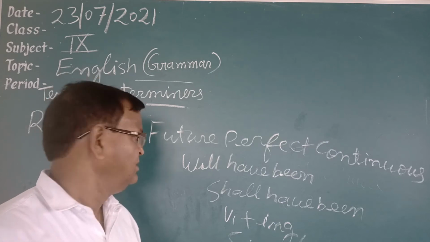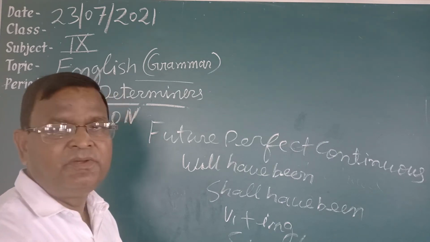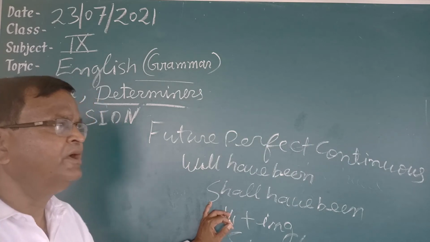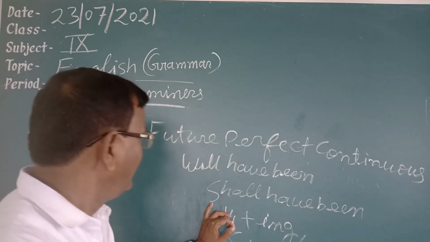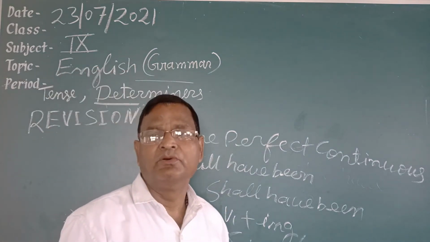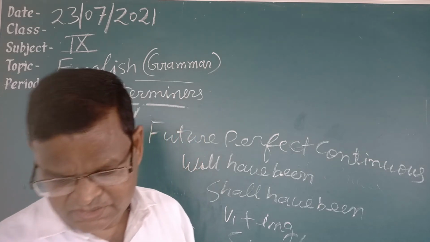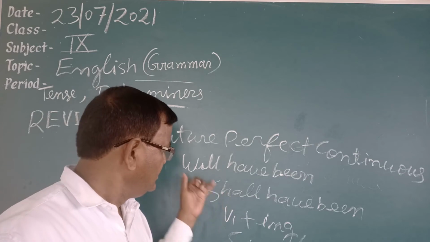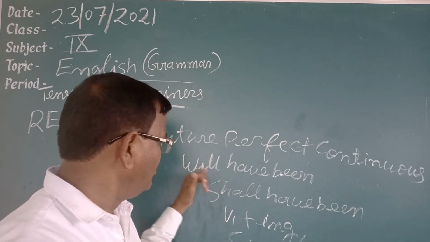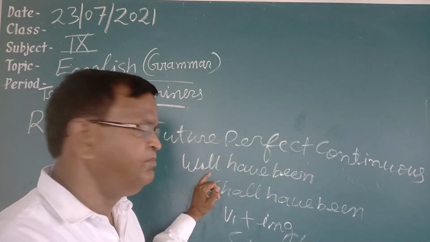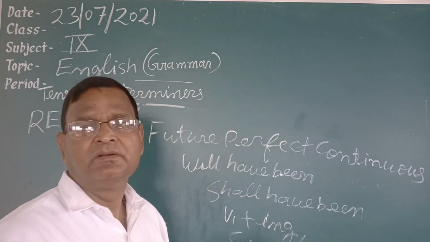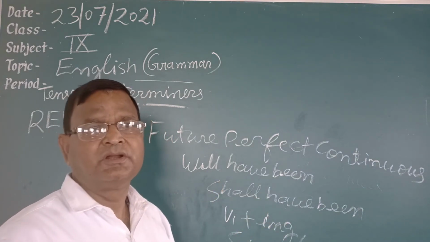When will he have been going? Where will he have been going for 2 hours? Why will you have been sitting there since 2 o'clock, for 2 hours?